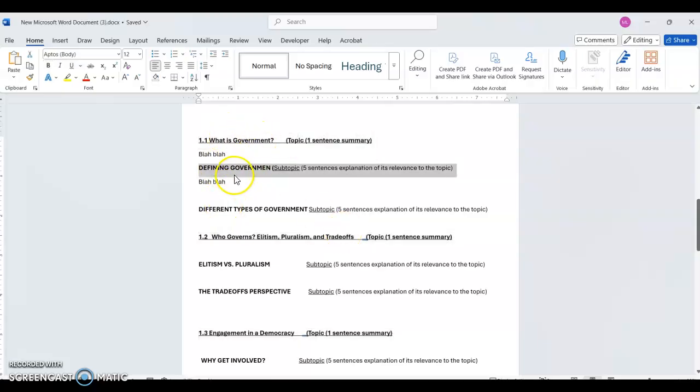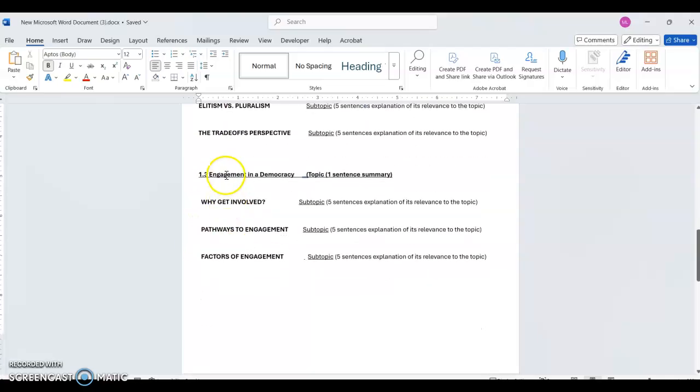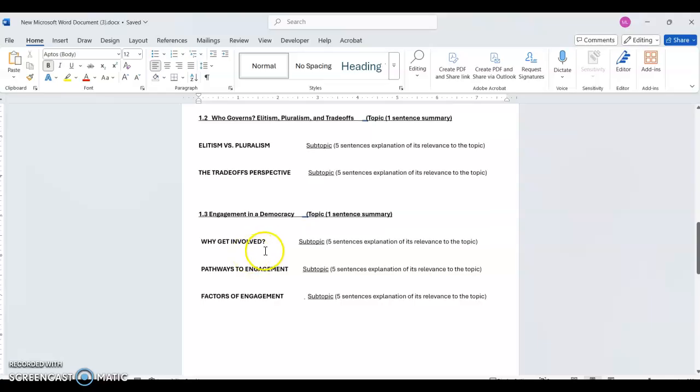What is government has 2 subtopics, defining government and different types of government. Who governs has 2 subtopics, elitism and the trade-off. And the third topic, engagement in democracy, has 3 subtopics: why get involved, pathways to engagement, and factors of engagement.